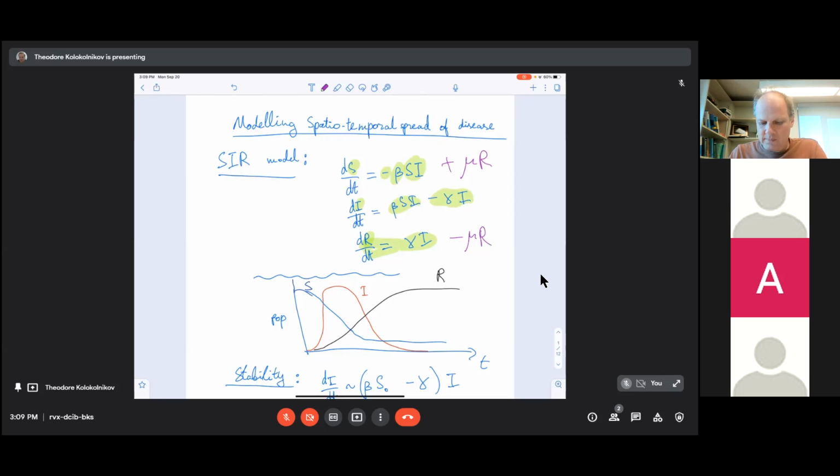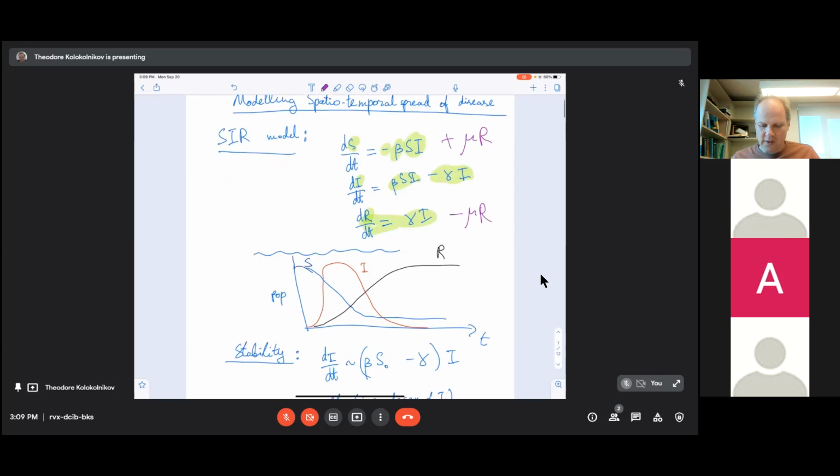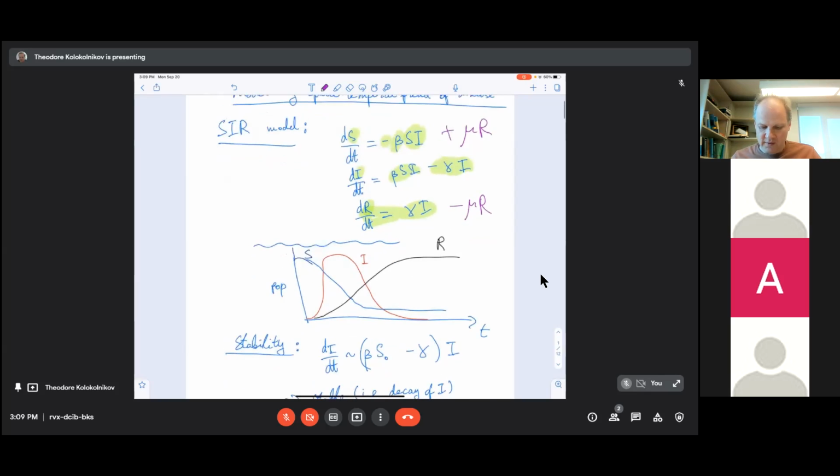Here, we consider infected and asymptomatics as basically the same. Anyway, this is more general than just for COVID. It's for any kind of epidemic disease.